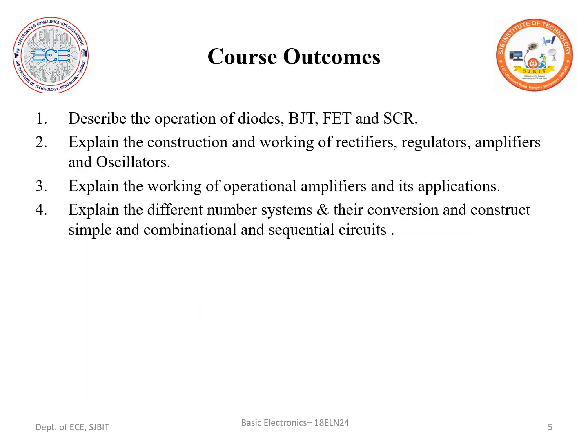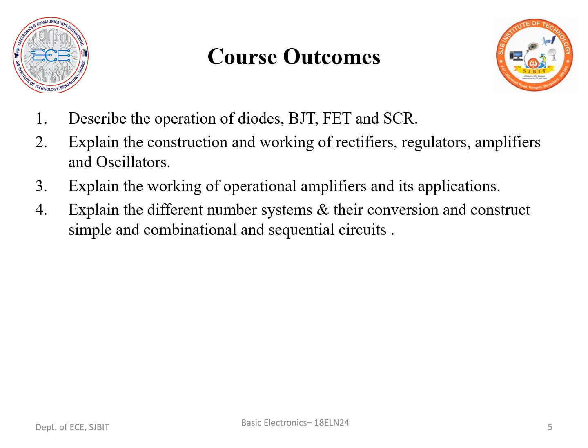The course outcomes of this subject are: it is going to describe the operation of diodes, BJT, FET and SCRs. It is also going to explain the construction and working of rectifiers, regulators, amplifiers and oscillators. It also explains the working principle of operational amplifiers and its applications.